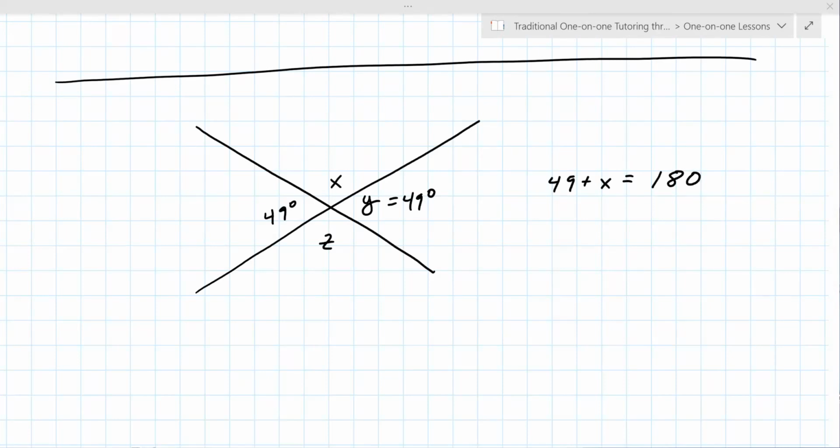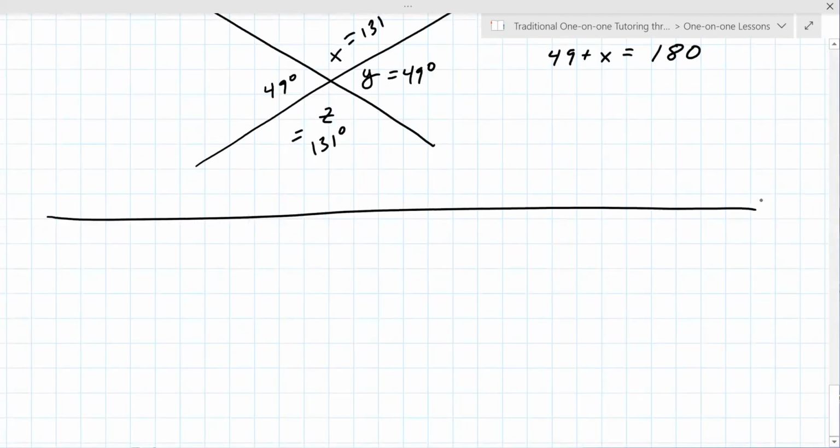If the lines are 180, is each side 131? X and Z? Yes, X is 131 degrees and Z is 131 degrees. Also, okay, good.